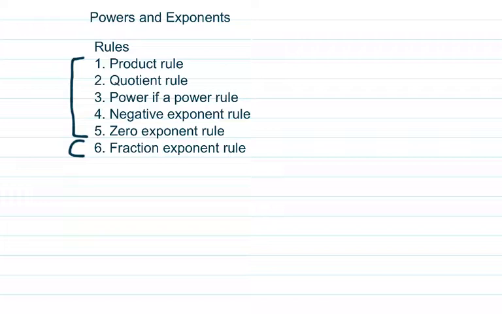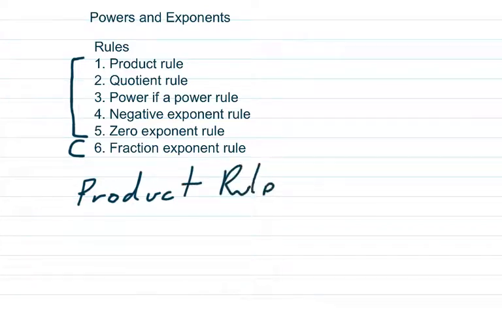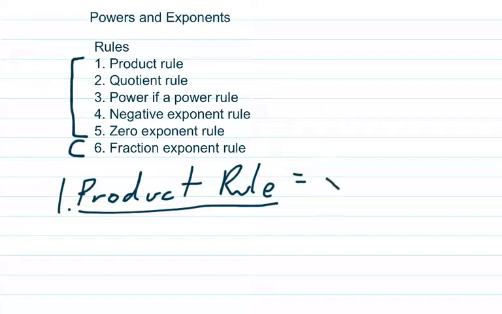So I'm going to carry that down here, and we're going to say, okay, the product rule. That's where we're starting. Number 1. So I call this the definition of the product rule. It looks like this. If you have any base to an exponent, a, the whole thing's a power, but you'll hear people interchange the word exponent and power quite often.